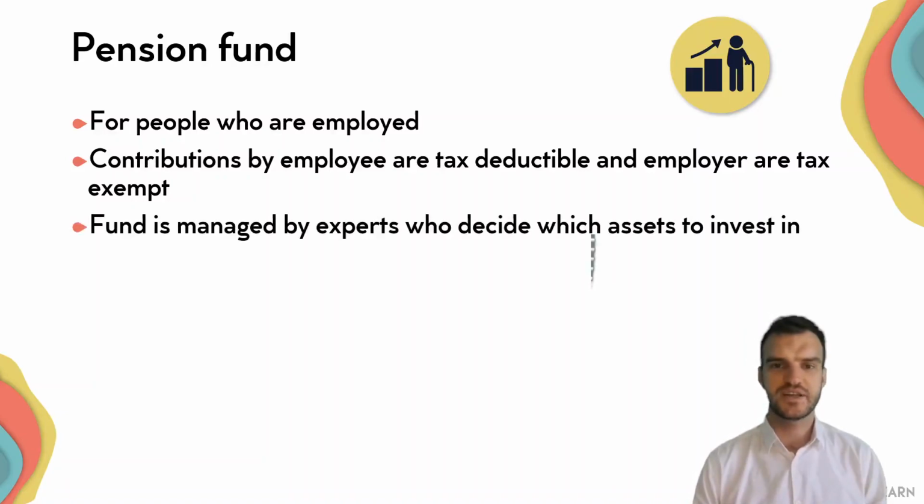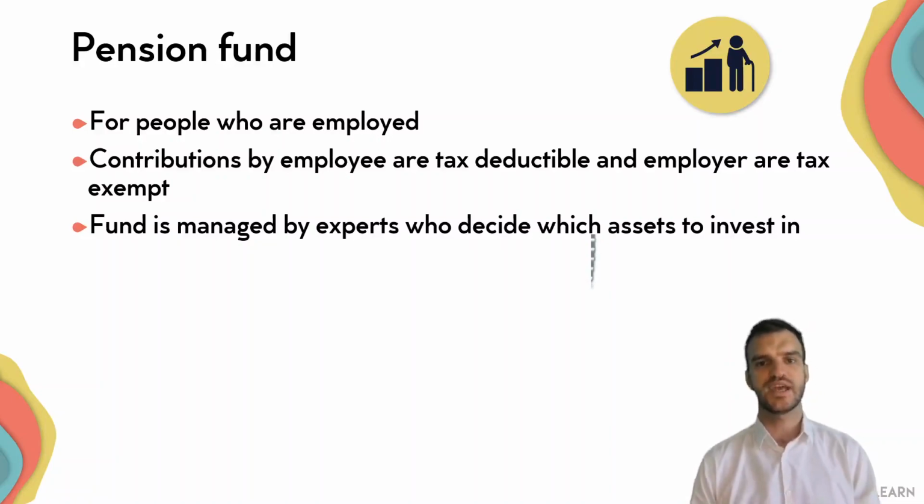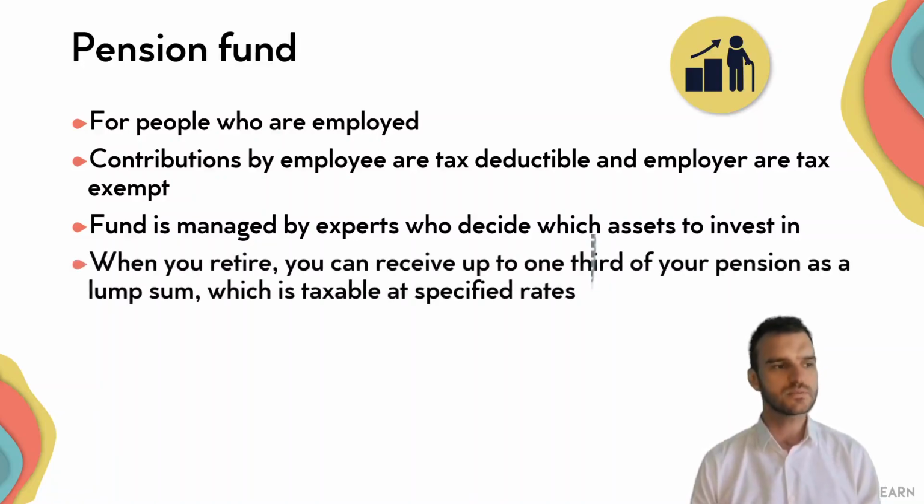A pension fund is managed by a fund manager who has the discretion as to which assets to invest in, and these fund managers have to be licensed, and they are also limited by regulations as to what they can and can't invest in. They can't invest too much in risky assets and so on, as well as offshore assets, which are also limited.